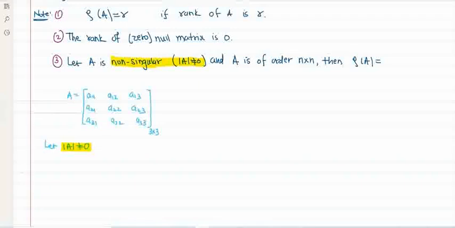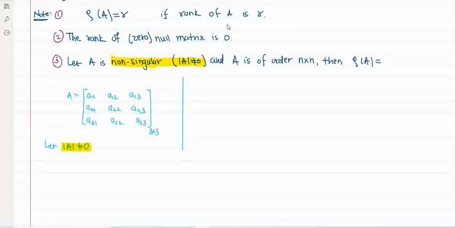Now tell me the orders of minors which exist for this matrix A. Is the question clear?